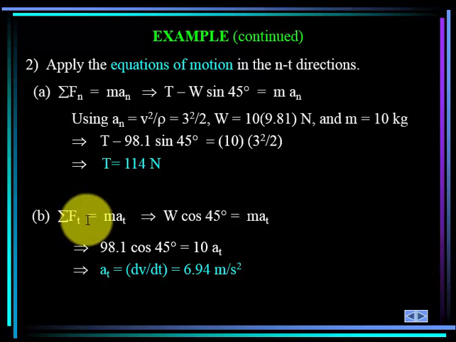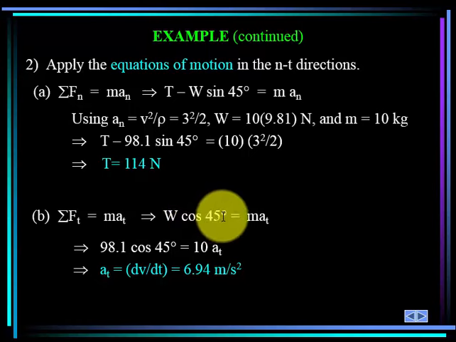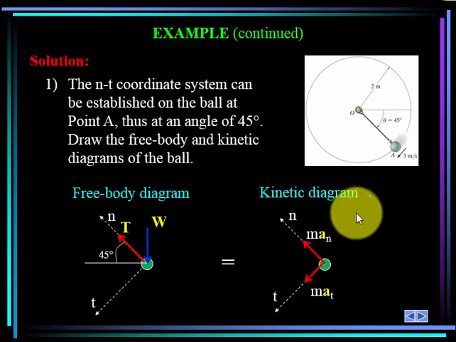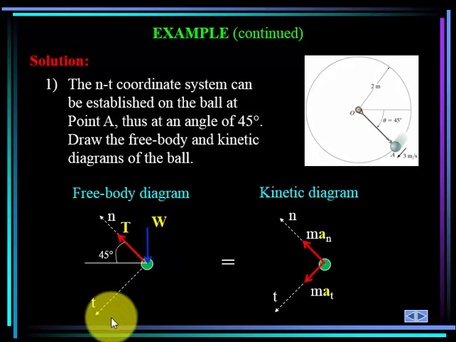Summing force in the tangent direction is mass times the acceleration in the tangent direction. The forces would be a weight term, and that's the only term. Looking at this, in the tangent direction, the weight has a component that will be in the positive tangent direction.